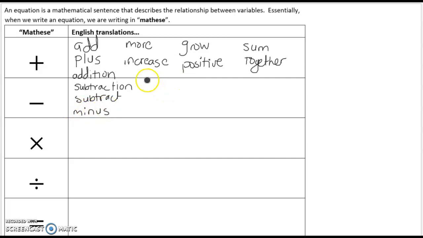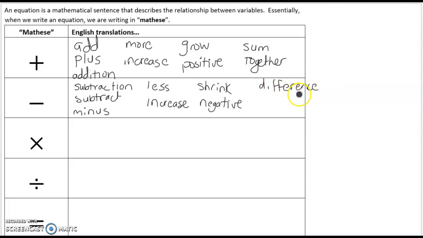Some other words, it might say the word less or decrease. Instead of grow, they might say shrink. Instead of positive, negative. So these are the opposites. Then you might hear difference or smaller or lower.